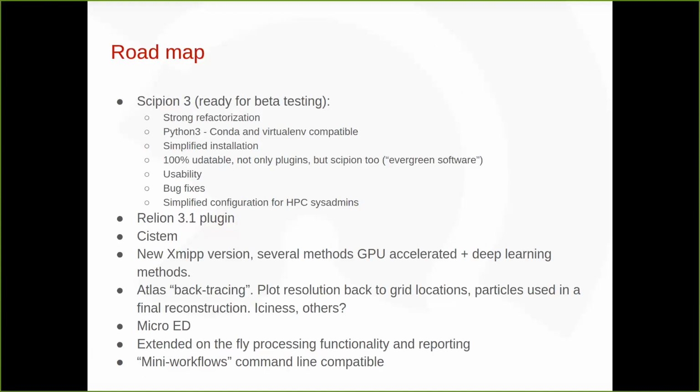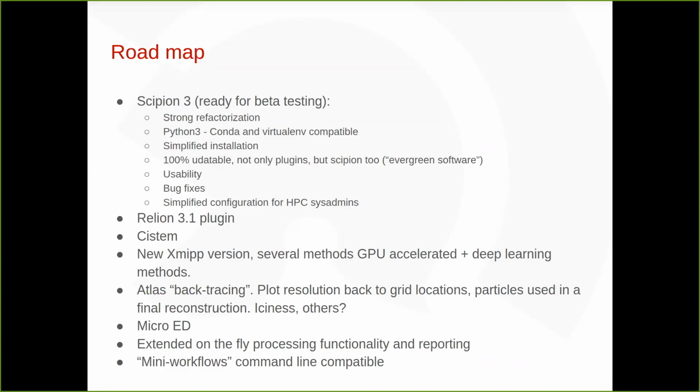As for the roadmap, we are about to release Scipion 3. I think it's ready for beta testing, or we are almost there. We have done a strong refactorization of the code. Scipion 2 basically brought us the plugins, and that was good because plugins could be updated and fixed without releasing a new Scipion, but Scipion itself couldn't be updated.